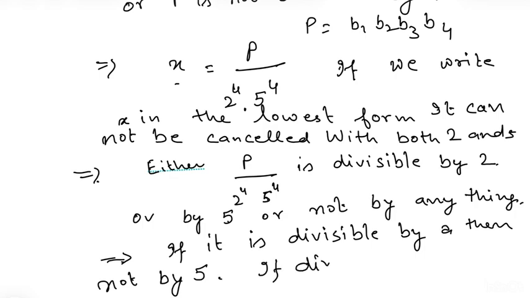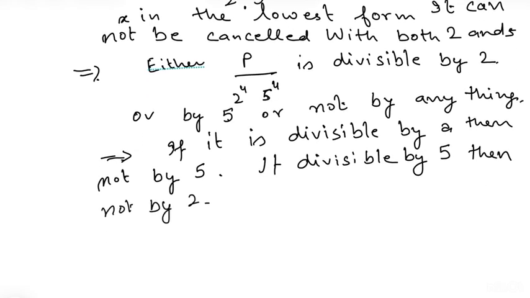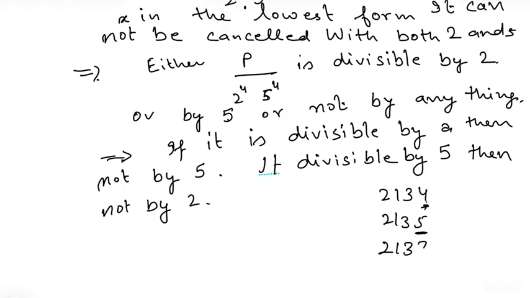If divisible by 5, then not by 2. देखिए मैं आपको एक एग्जांपल से बताती हूँ. सपोज आपका नंबर है 2134. 0 तो हो नहीं सकता ये. अगर यहाँ पे 4 है, this is divisible by 2 but not by 5. इफ इट इज 2135, it is divisible by 5 but not by 2. I am applying the divisibility rule. 2137 not divisible by 2 or 5.